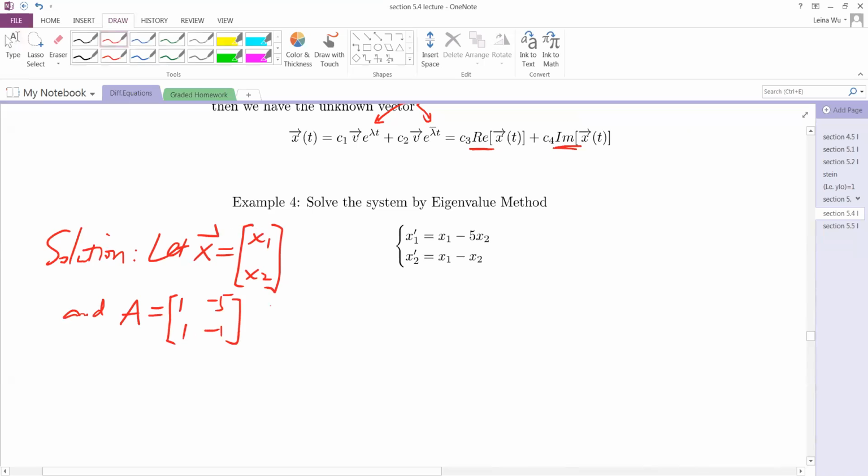Therefore, this system of differential equations can be written as a matrix equation, vector x prime equals matrix A times vector x.